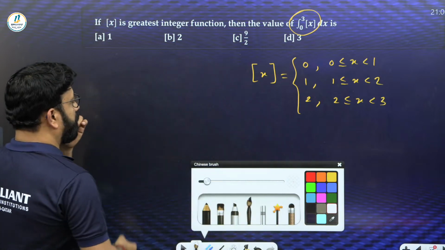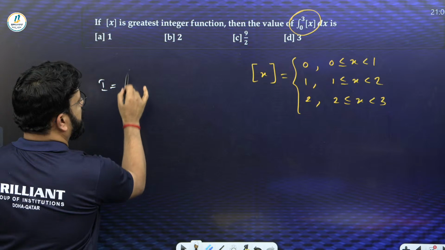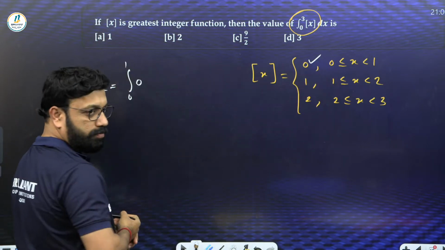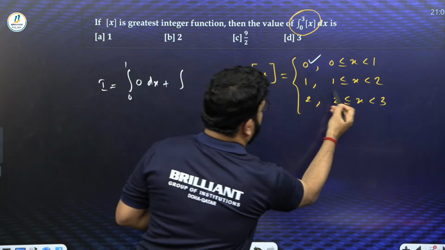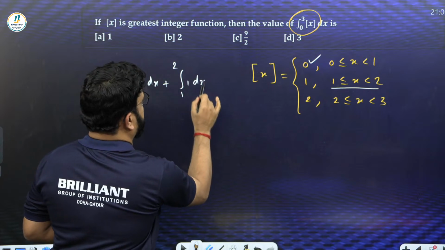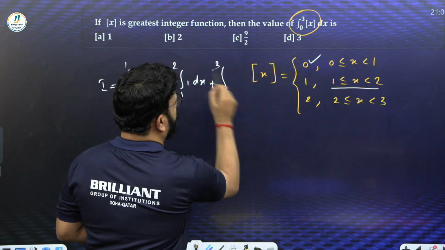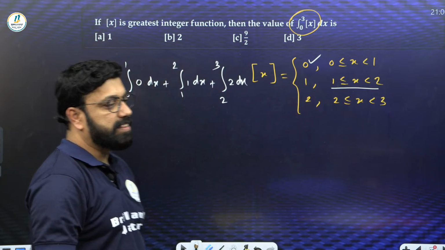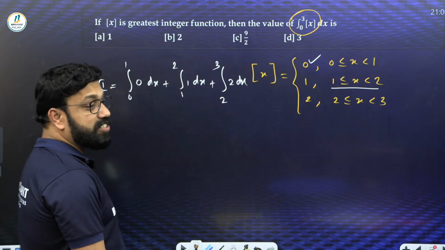The integral from 0 to 3 is equal to the integral from 0 to 1 of 0 dx, plus the integral from 1 to 2 of 1 dx, plus the integral from 2 to 3 of 2 dx. That's the method to take the integration of the greatest integer function.